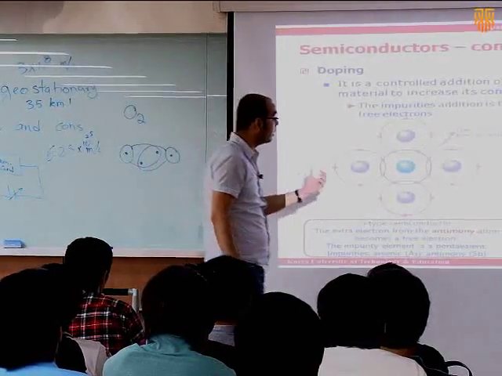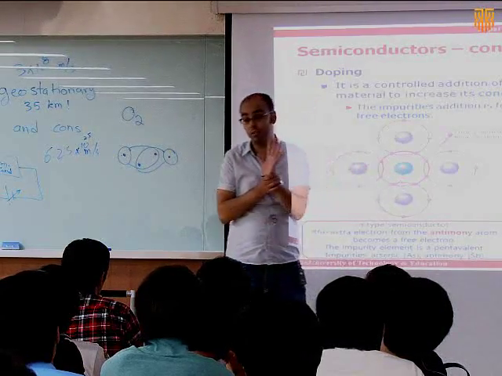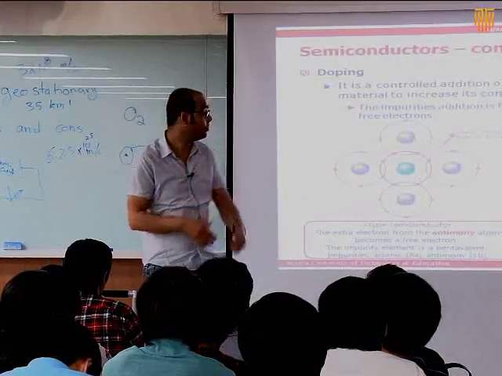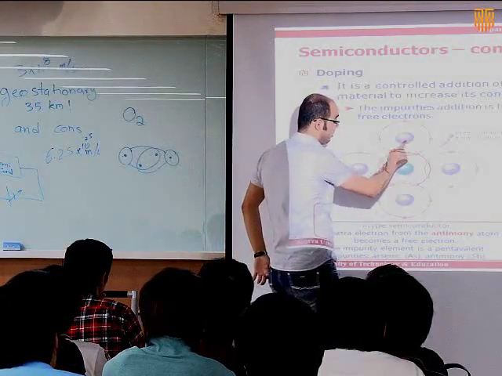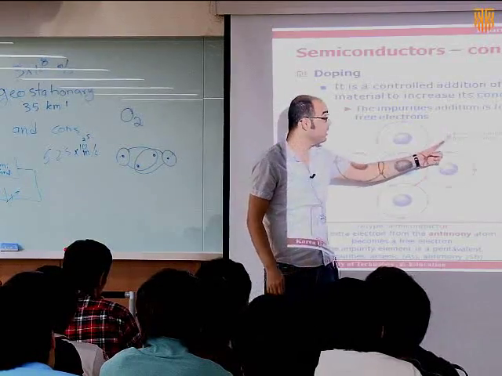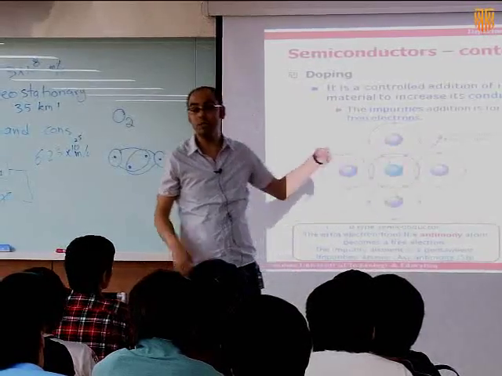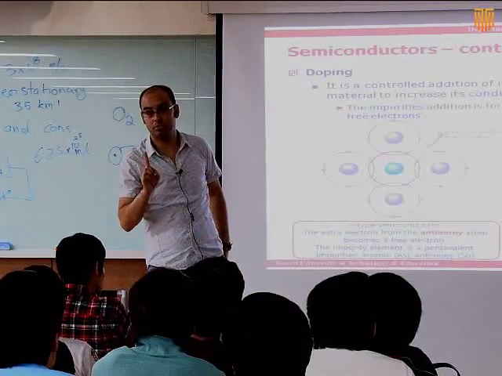So if we bring an element which has 5 electrons in the valence shell, it makes bonds with 4, and the remaining electron will be free, right? So we added one free electron.